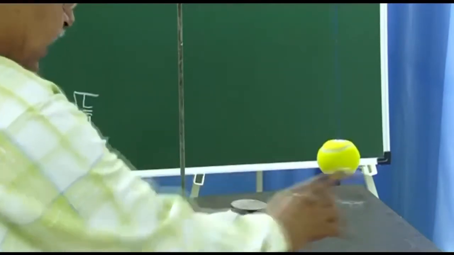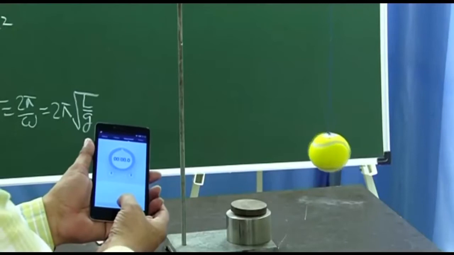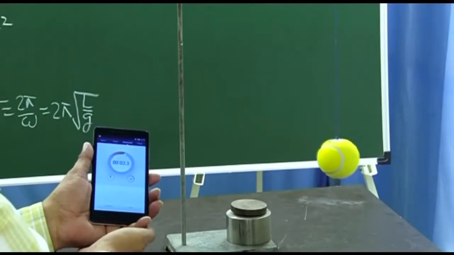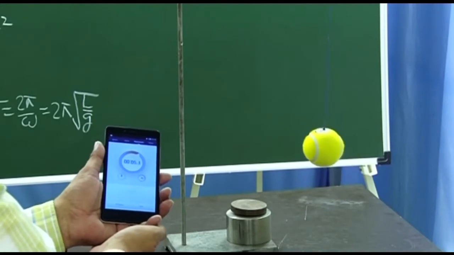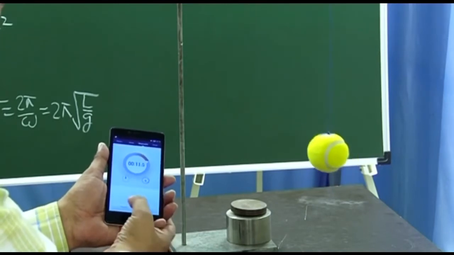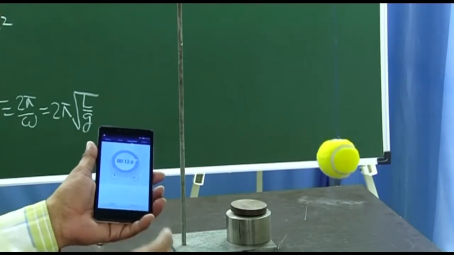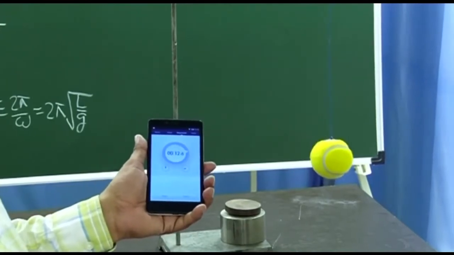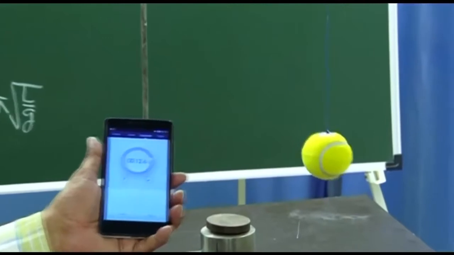When it comes to this side, I will start the stopwatch. 1, 2, 3, 4, 5, 6, 7, 8, 9, 10. So in 10 oscillations, it took 12.6 seconds.